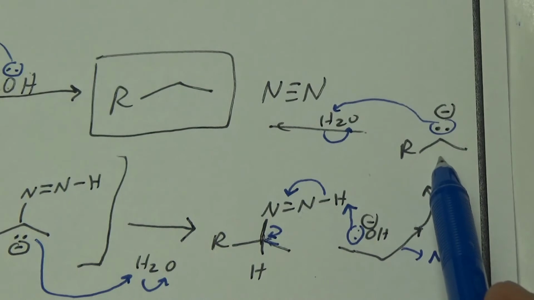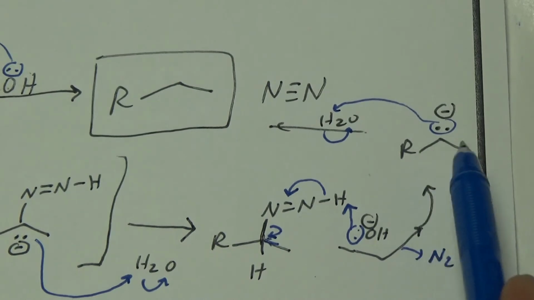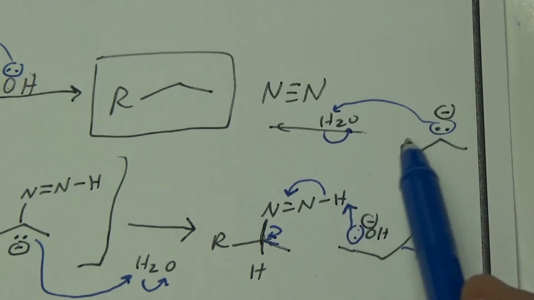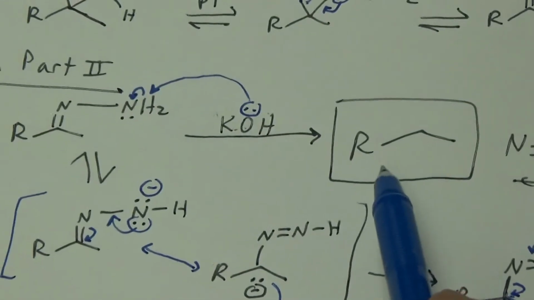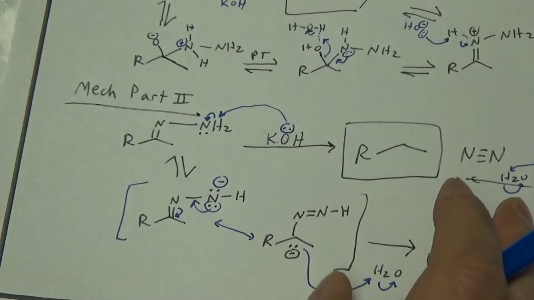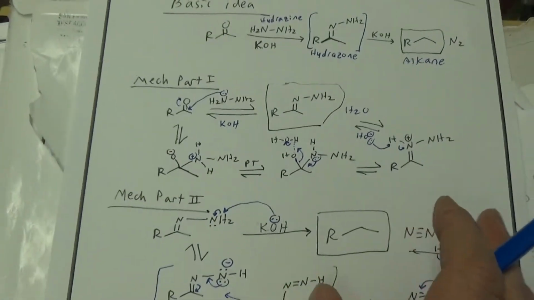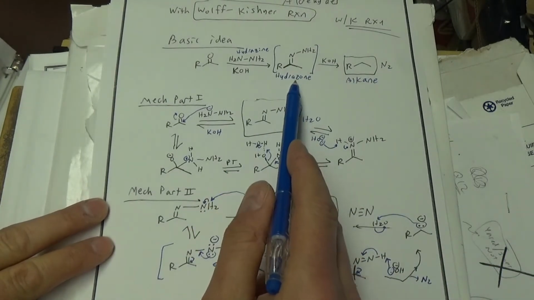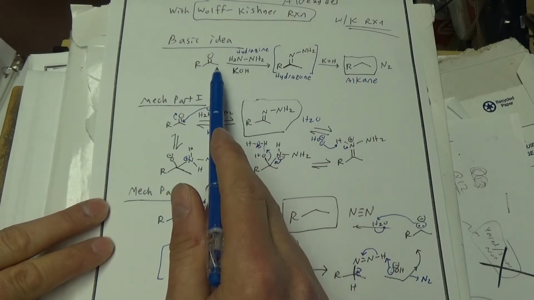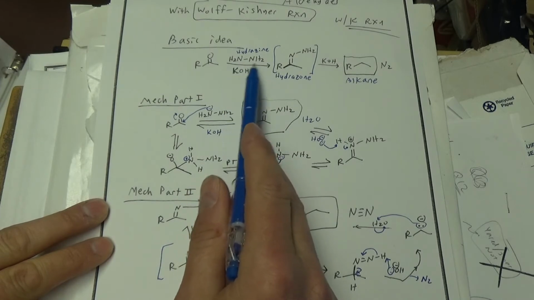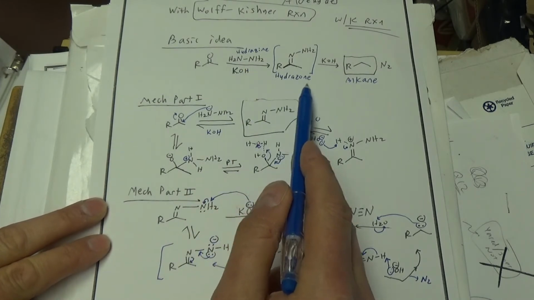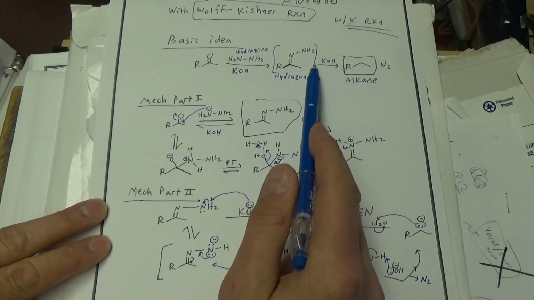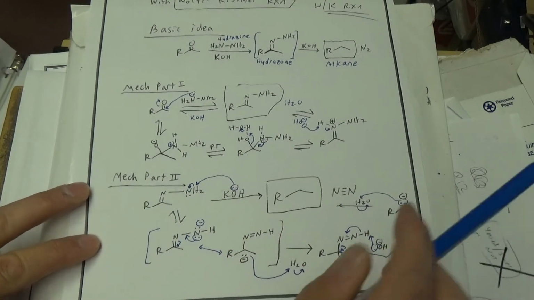Carbon with a negative charge, with nothing else to stabilize it, is very, very unhappy. So in the sea of water, it just immediately grabs a proton, and now it's a happy alkane. Okay, that's the Wolff-Kishner mechanism. Make a hydrazone, ketone or aldehyde plus unsubstituted hydrazine makes a hydrazone, and then in base this is unstable and forms the alkane.